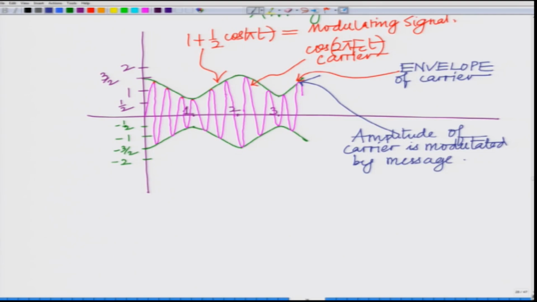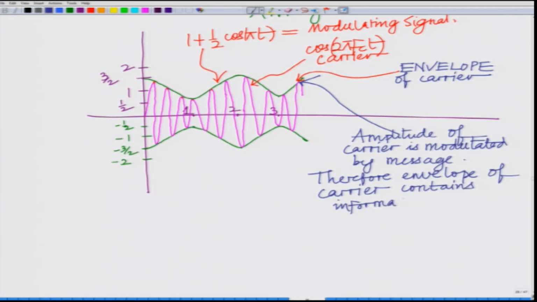Therefore, the envelope of the carrier contains the information about the message signal.